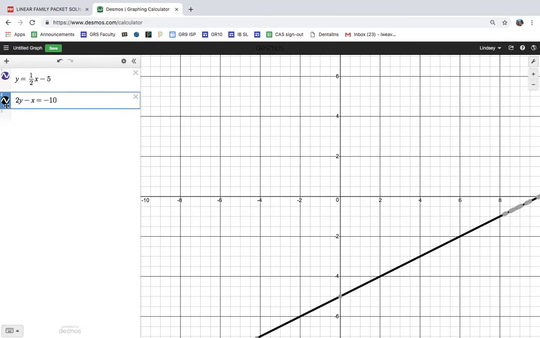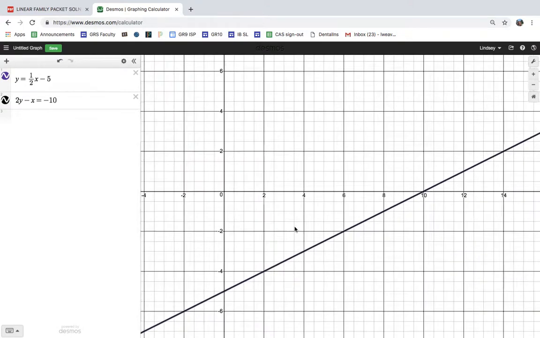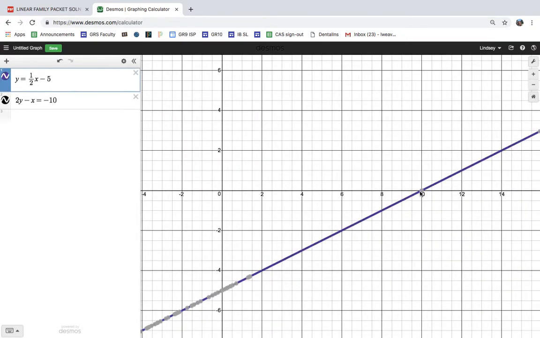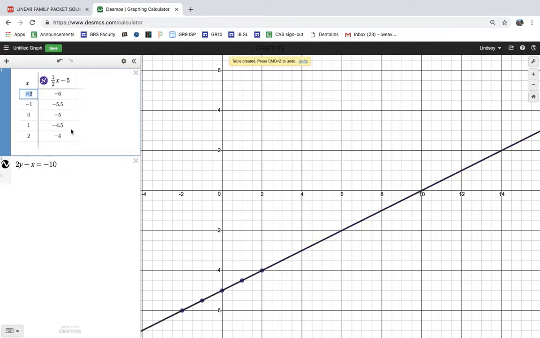Are those the same line? Yes, those would be the same line. They cover each other. And just to verify, let's double check that my x-intercept, yep, is (10, 0), and my y-intercept, yep, is (0, negative 5). You can usually click on your intercepts. If I wanted some more data points to put in my table, there are our data points when I converted that to a table.